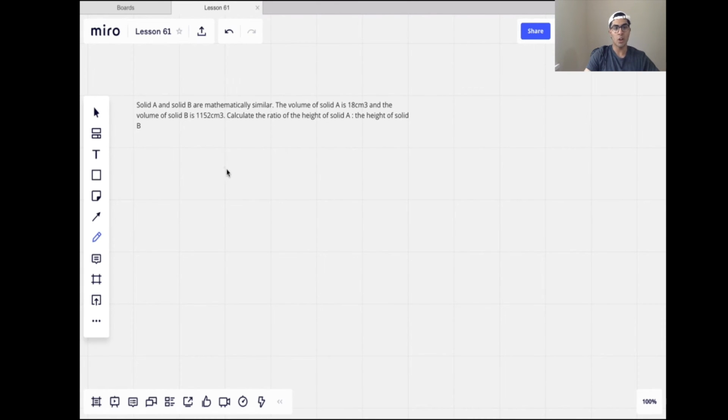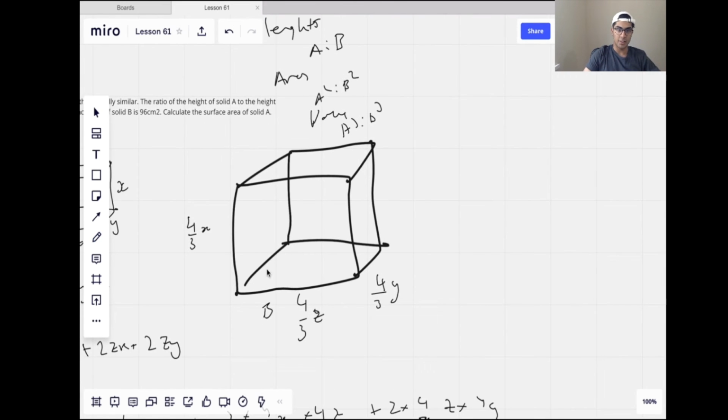Okay, so again, if we know the ratio of volume A to volume B, or actually let's talk about this in reverse. If we know the ratio of the lengths, length of A to length of B, and when I say length, I don't mean explicitly the length here, I mean length, width, or height, any single unit.